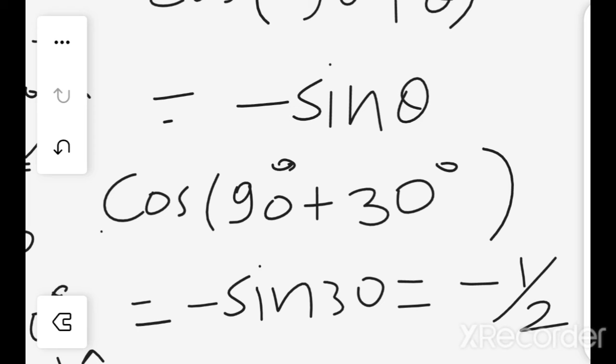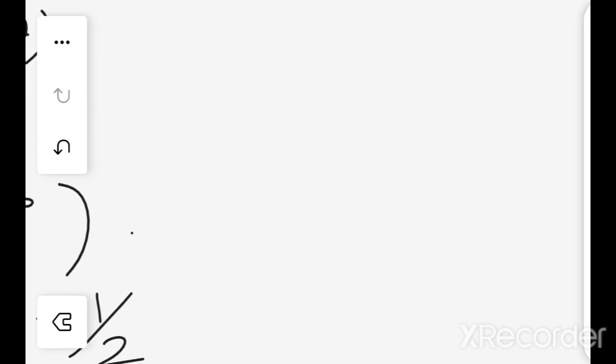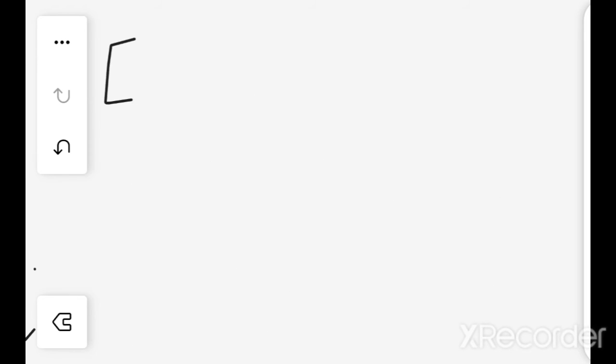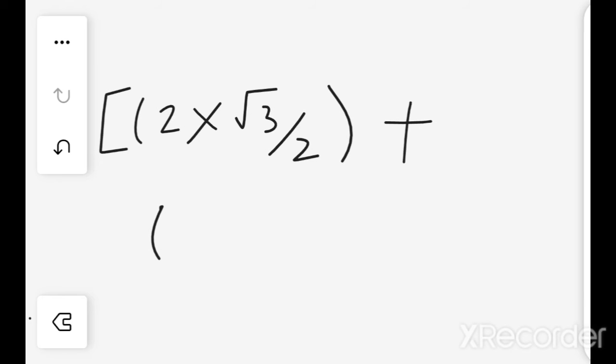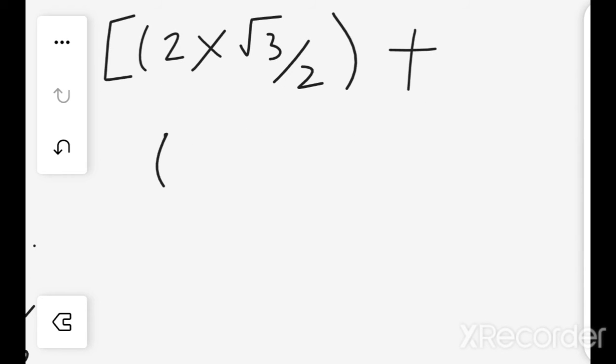Okay, so now let us calculate the actual value. The magnitude of OA is 2 and the value of cos 30 is root 3 by 2. So this is the first term, plus the magnitude of DE is 1 and cos of 90 is 0.